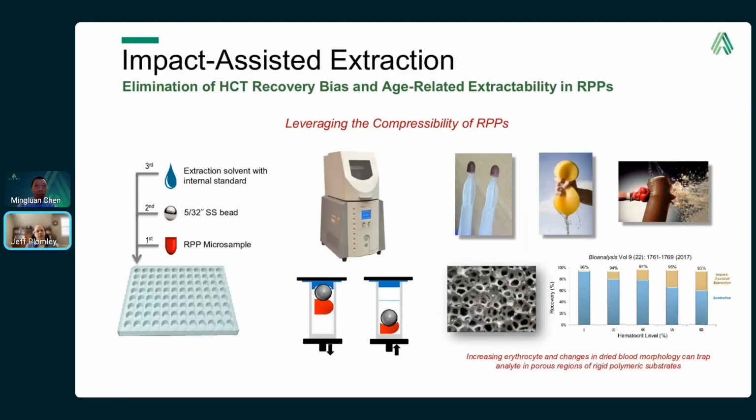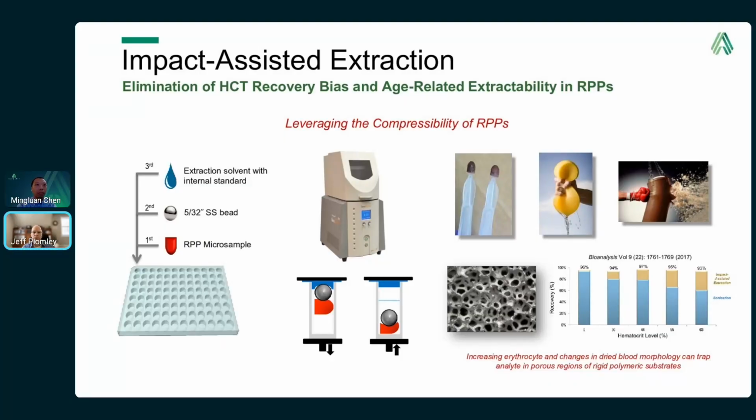Now, in terms of sample preparation to determine the recovery for each of the conditions outlined in that experimental strategy, our experience has taught that a technique which eliminates hematocrit recovery bias, again, also eliminates age-related extractability. And we know from published work that the more aggressive you are in the sample preparation approach for these rigid porous polymers, the higher the success of eliminating hematocrit bias on recovery and age-related extractability.